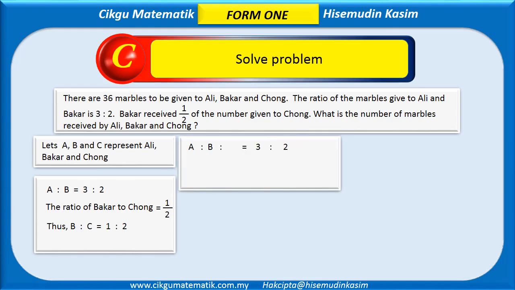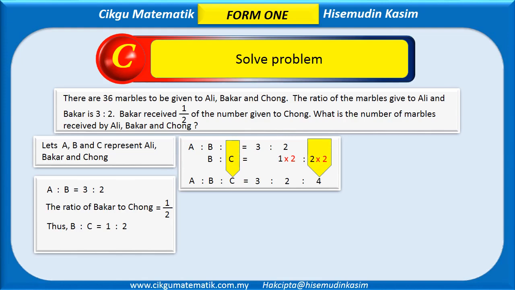The ratio of A to B is 3 to 2. The ratio of B to C is 1 to 2. 1 times 2 equal 2. 3. 2 times 2 equal 4.